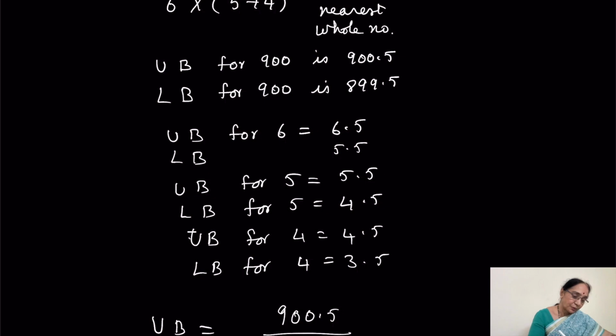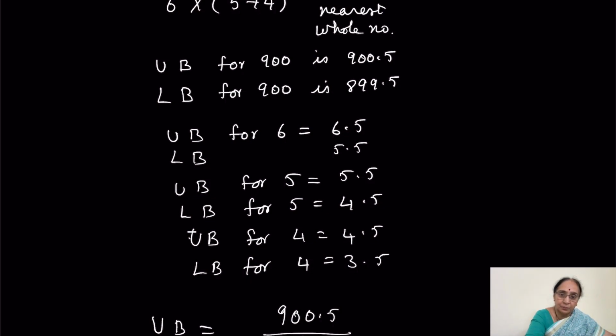So the lower bound for 6 will be 5.5. And what about 5 plus 4? For that also I will have to put the lower bound. So I am going to take 4.5 plus 3.5. I am using all the lower bounds for the denominator.